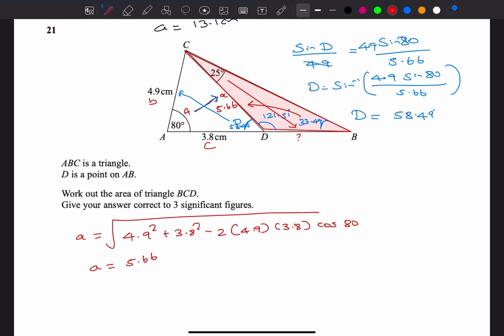I want BD over sine 25 equals 5.66 over sine 33.49. Sine 25 comes in here. BD works out 4.23.